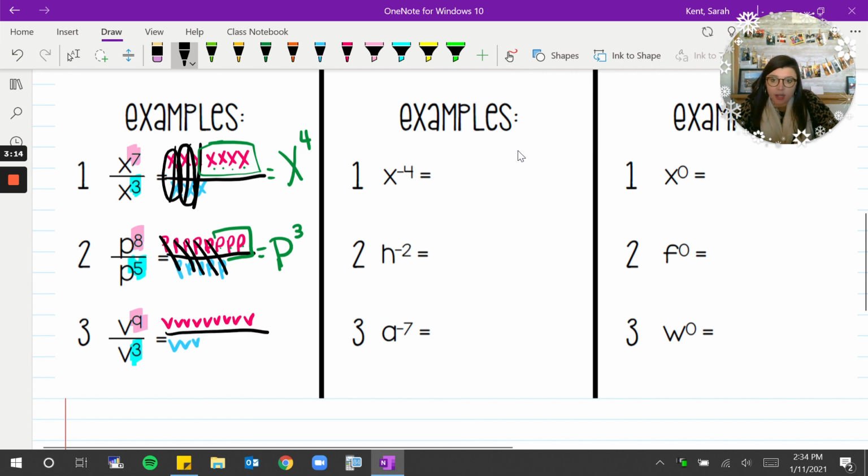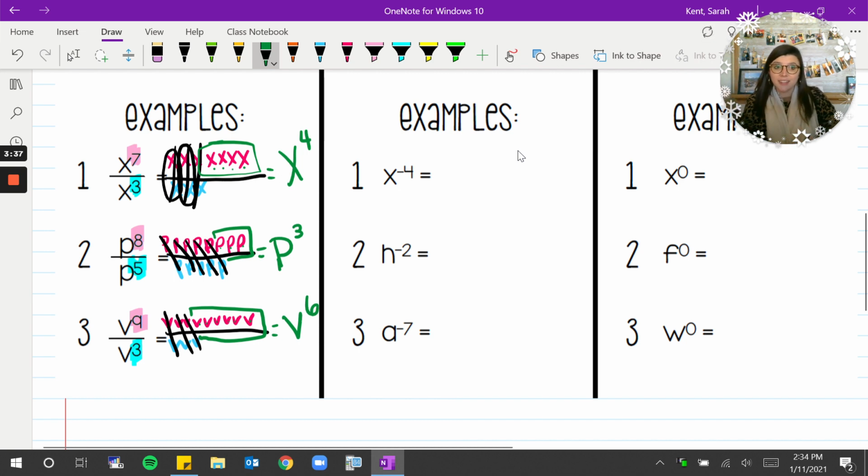Make our fraction, and we want to see how many we can cross out. So there's 1, 2, 3. So we see how many are left. And we've got 1, 2, 3, 4, 5, 6. So our final answer is v to the power of 6.